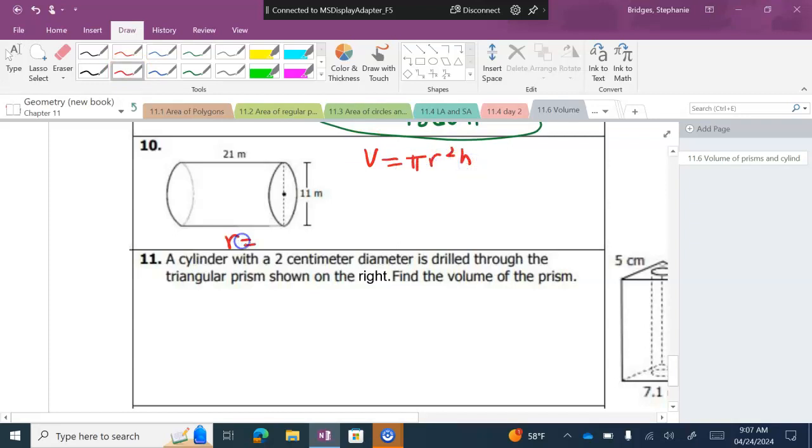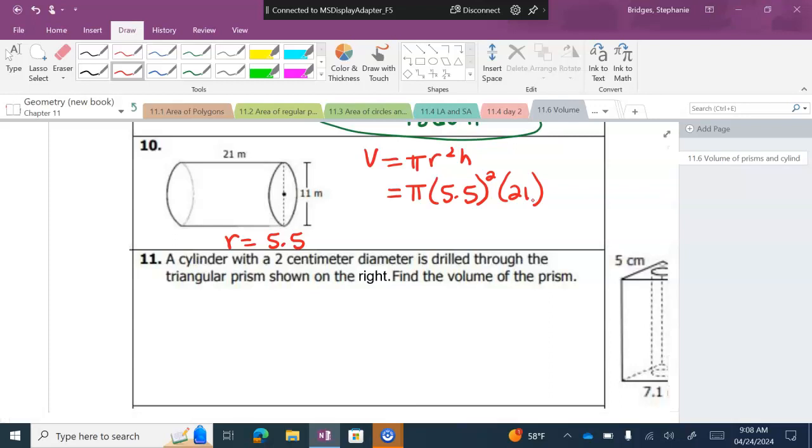All right, if my diameter is 11, what is my radius? 5.5. Okay, we take 11 and cut it in half. What's the height of this cylinder even though it's laying on its side? 21. Okay. So in your calculator, square 5.5.